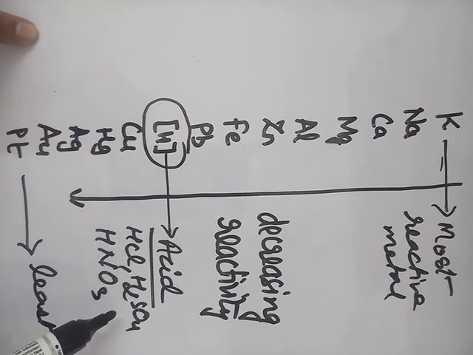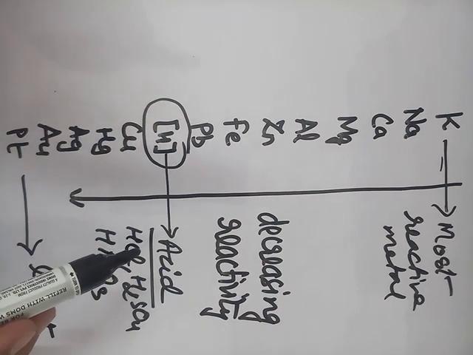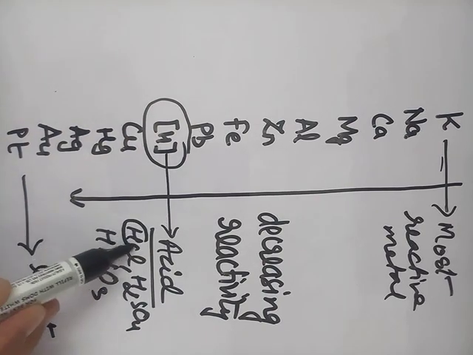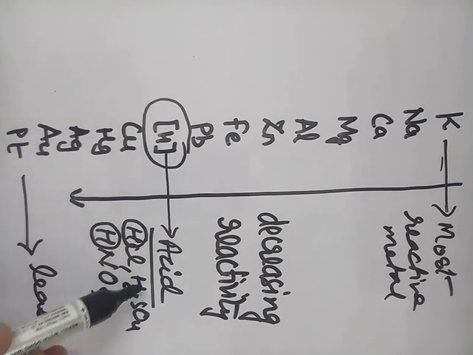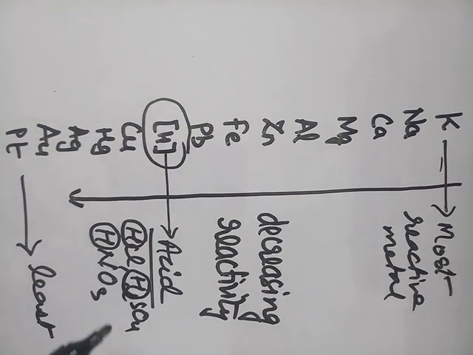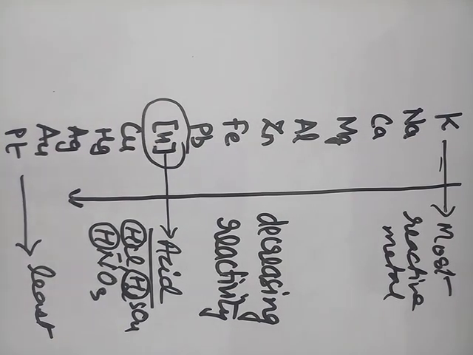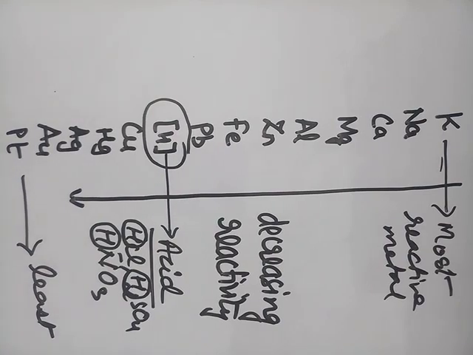So hydrochloric acid, sulfuric acid, nitric acid, they all contain hydrogen. As I said, in the front part you have metal in salts, so instead of metal you have hydrogen in the front side of acids, right?